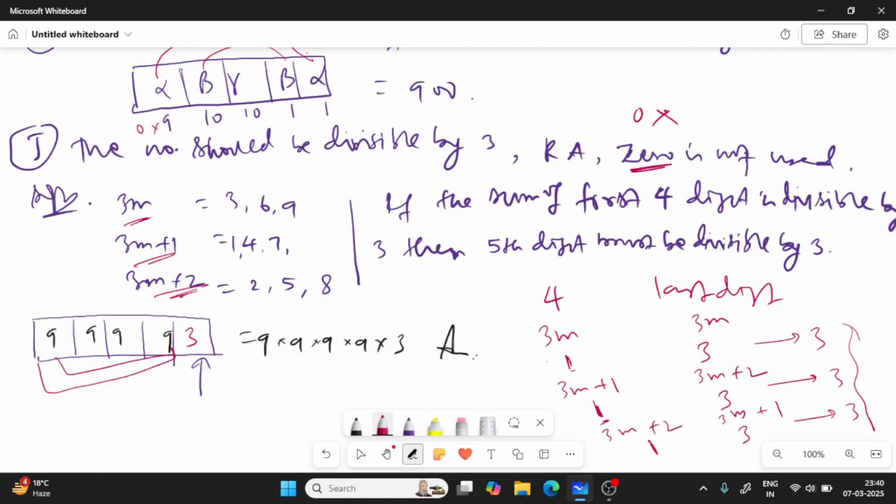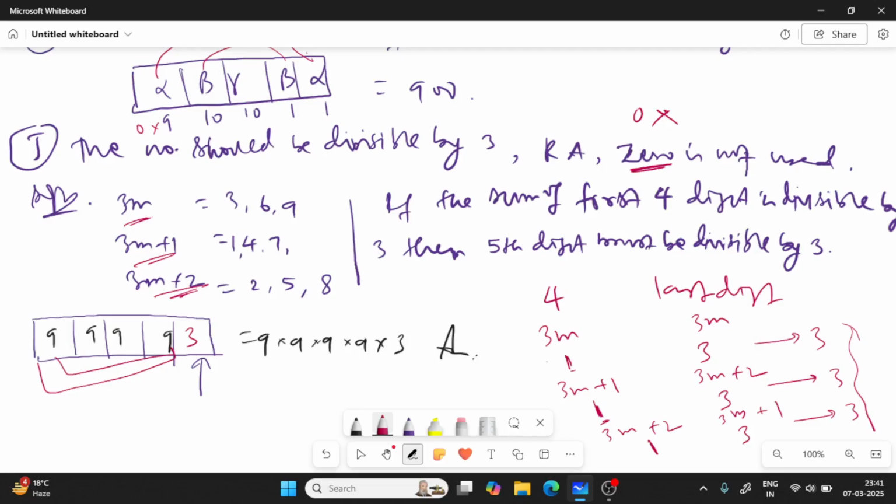Again, if the sum of the first four digits is of 3m plus 2 type, it is one way. But in that case the last digit would have to be in the form of 3m plus 1 type, only then the number would be divisible by 3. So if it is of 3m plus 1 type, how many ways? Three ways. How three ways?